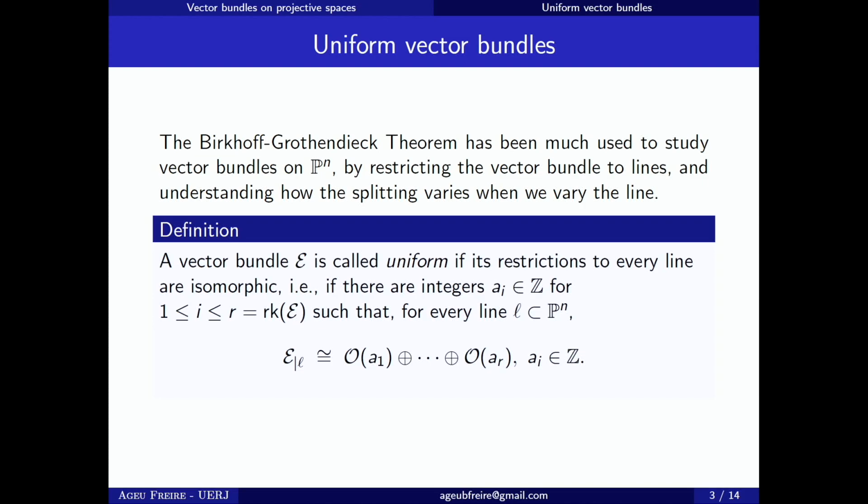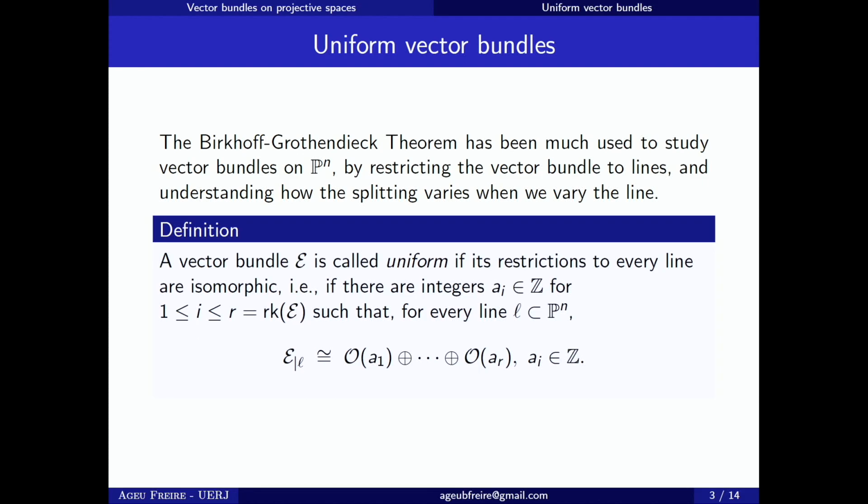When the restriction of a vector bundle to a line does not depend on the line, we say that the vector bundle is uniform. Again, by the Grothendieck theorem, it means that there exist integers A1 up to AR such that the restriction of the vector bundle to a line is isomorphic to this direct sum of line bundles.